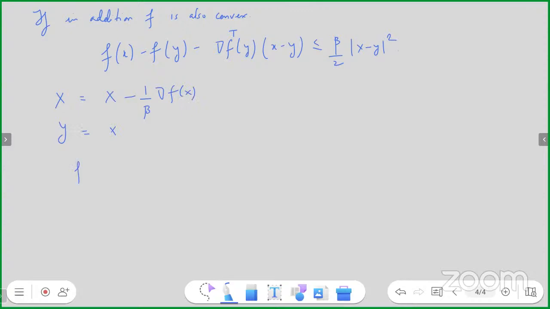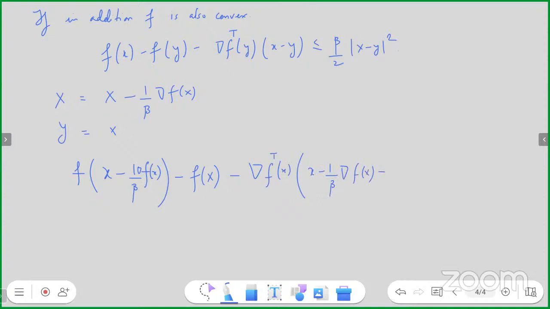So what is f of x? It is 1 by beta, minus f of x, minus del f transpose x. X is x minus 1 over beta del f of x, minus x, less than or equal to beta over 2.